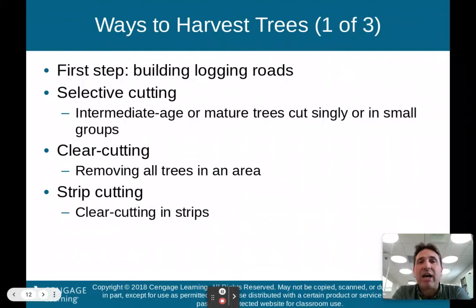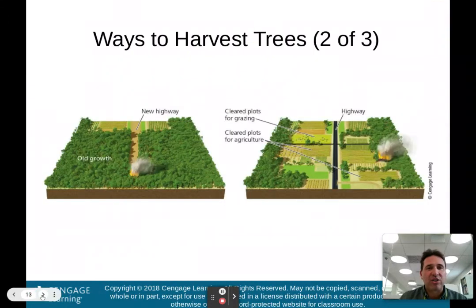But again, selective cutting, we only selectively choose trees to cut or in small groups. Clear cutting, we take rid of everything. Strip cutting, we'll cut in strips. So there'll be, strip will be clear of trees, then you'll have some trees, then a strip clear of trees, etc., etc. So what we're looking at here is basically ways to do this.